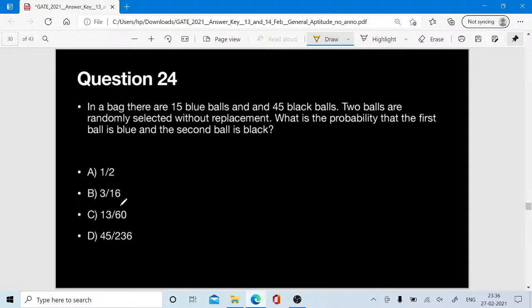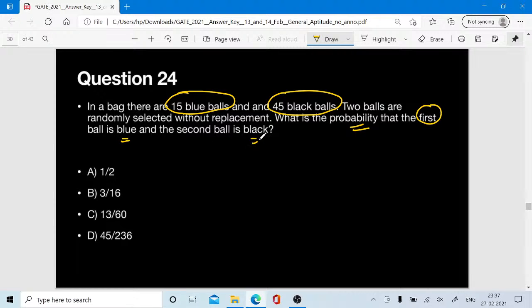You can easily write this, and give the answers directly. In a bag there are 15 blue balls and 45 black balls. 2 balls are randomly selected without replacement. How many blue balls are there? 15. Since the balls are selected without replacement, these are independent events.